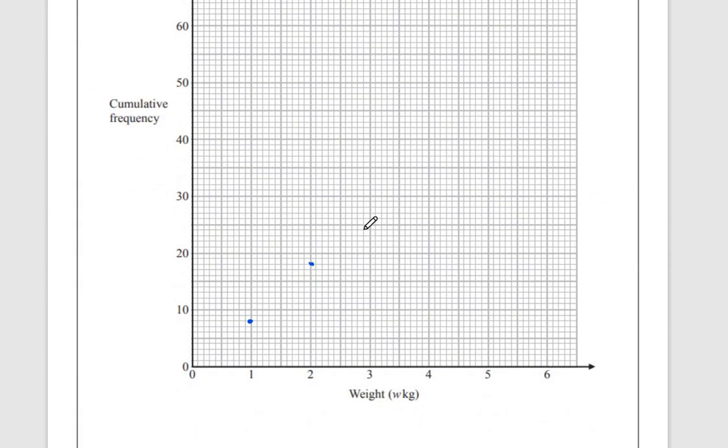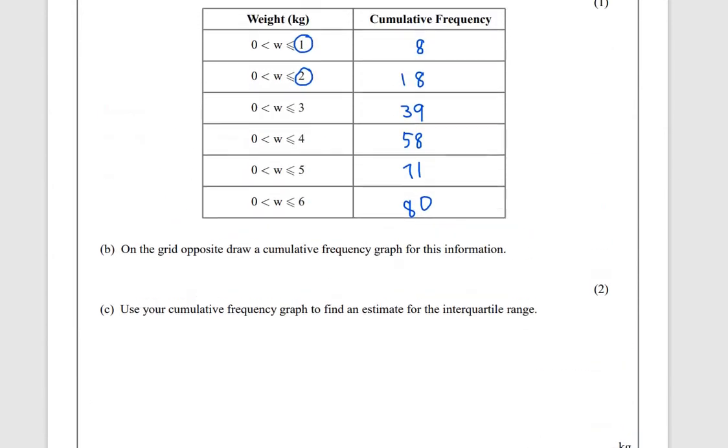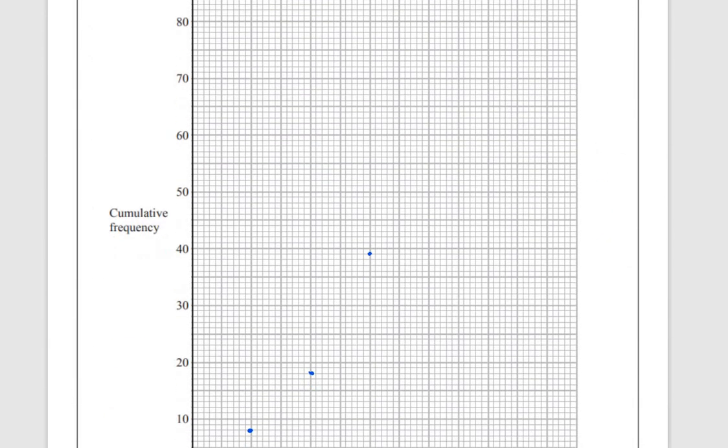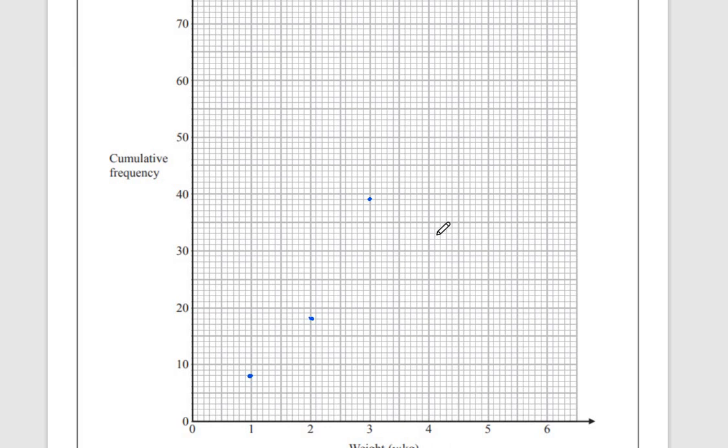So we have 3 here and 39, because each small square is 1 unit. So 39 is going to be just 1 square down below 40. And then 4 and 58. 4, 58, so it's going to be 2 squares down below 60.